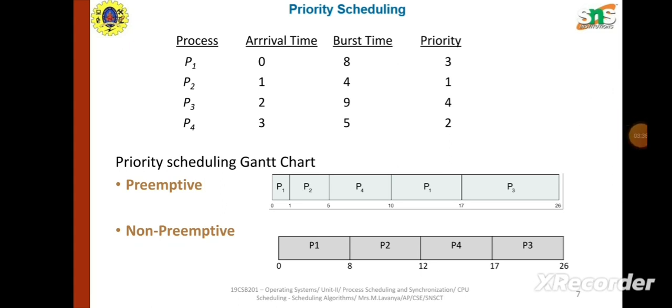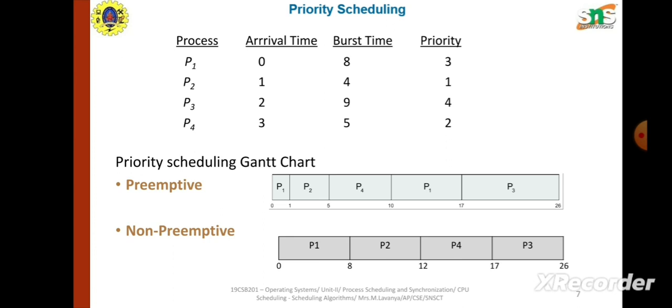For preemptive, if a process is allocated to the CPU and another process with a higher priority arrives during the execution of the lower priority process, the lower priority process which is currently executing in the CPU will be placed in the ready queue or waiting queue, and the process which arrived with the higher priority will be allocated for execution.